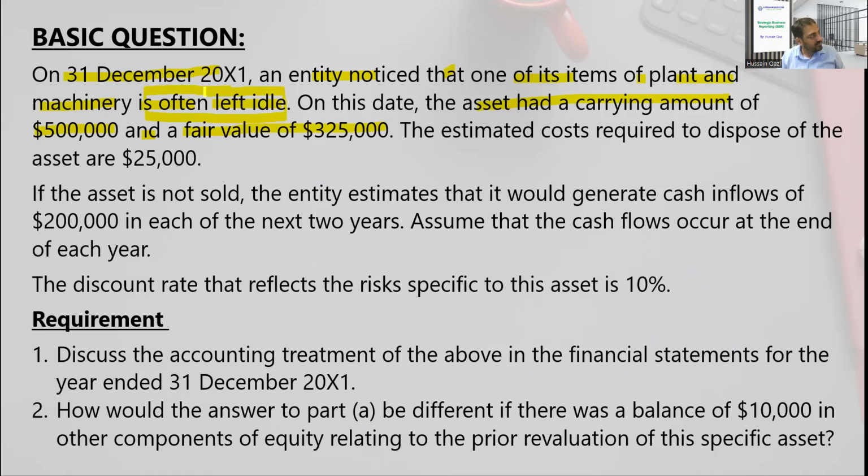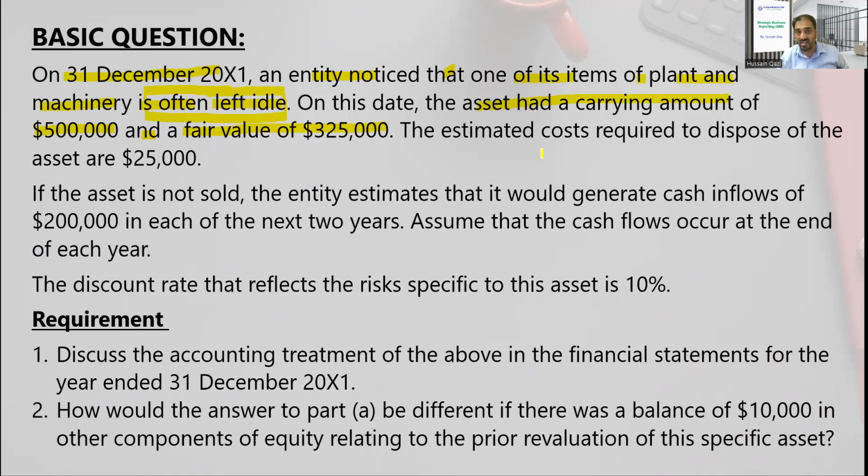Can you reply to me? The plant machinery is often idle. What is the first thing that should click as financial reporting for accounting standard purpose? If some plant machinery is often left idle, that's very good. Malini replied, sir, it's some impairment indication.